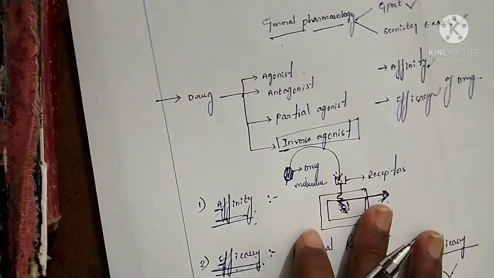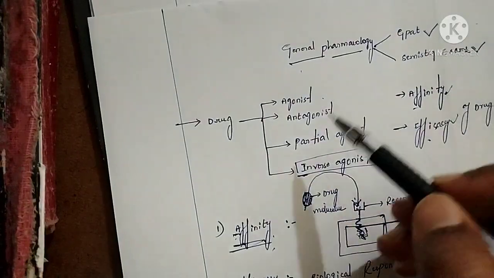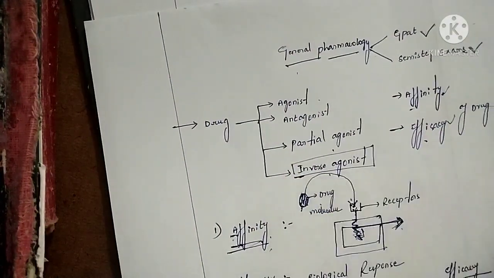Now we have cleared the concepts of affinity, efficacy, agonist, antagonist, partial agonist, and inverse agonist.